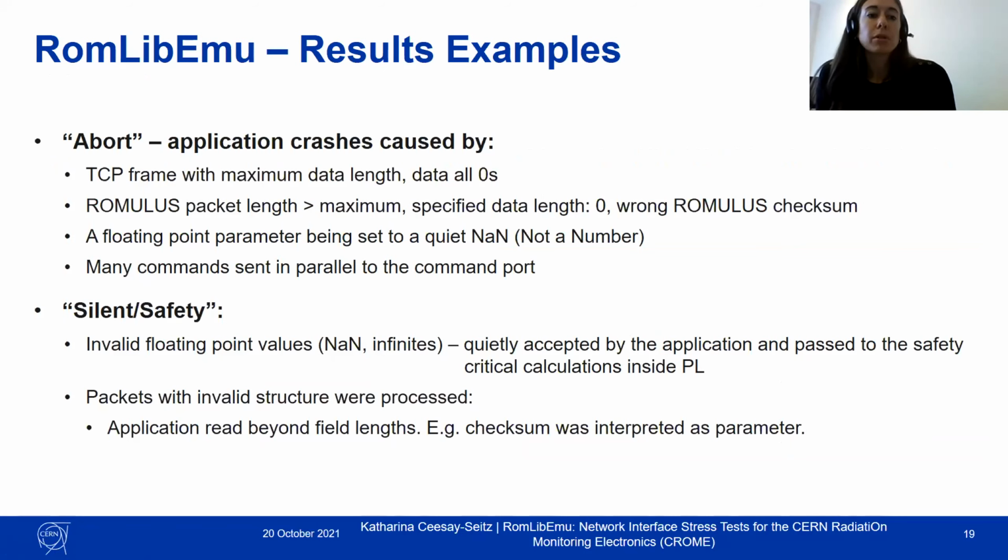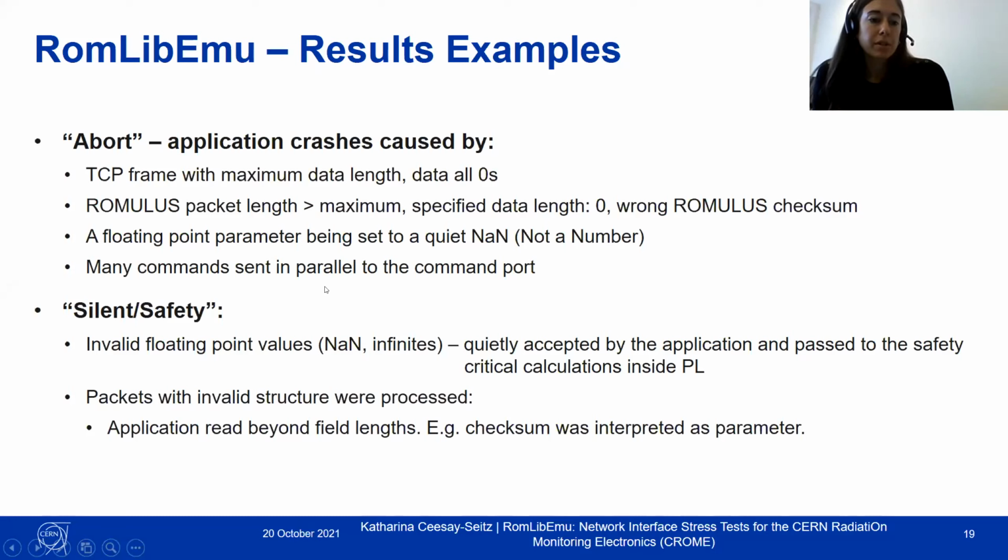Some examples of what caused an abort: very long packets sent to the device, or the data length being specified as 0. In one case, a floating point parameter was set to a quiet NaN, and that crashed the application. It also happened when the interface was presented with many commands in parallel.